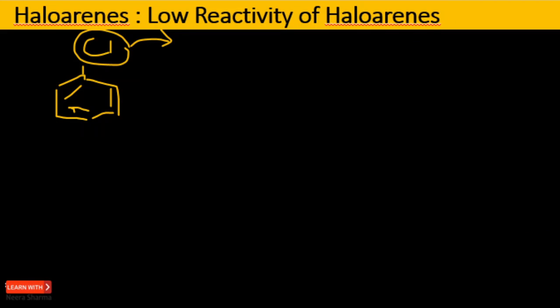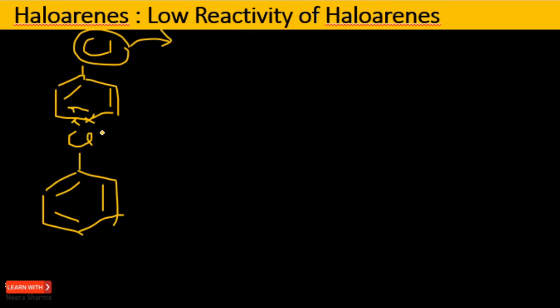So in most of the halogen derivatives, you should know how to write the resonating structures. So if I am taking the haloarene, chlorobenzene, then these are the double bonds. We have a chlorine group attached, and how many electrons are present on the chlorine group?